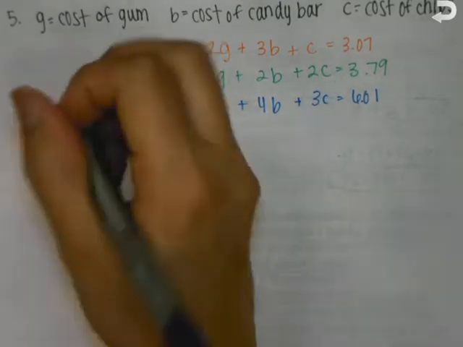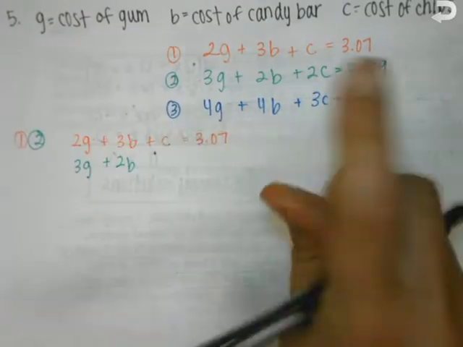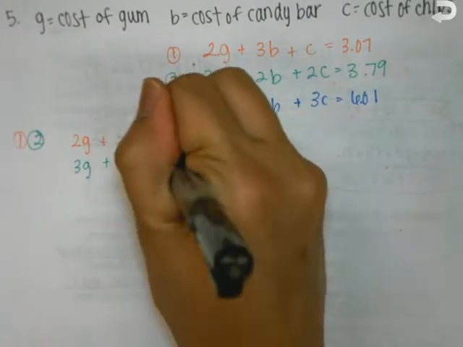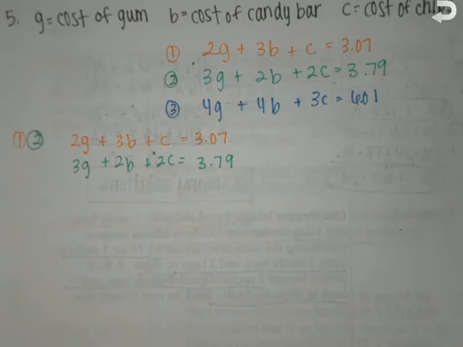Okay, so this is the moment of truth. Right now we are going to pick which variable we want to eliminate. And we're going to have to stick with that variable for the next step. So let's look. I have 2g and 3g, 3b and 2b, and 1c and 2c. Anything look easy? Yeah. C.